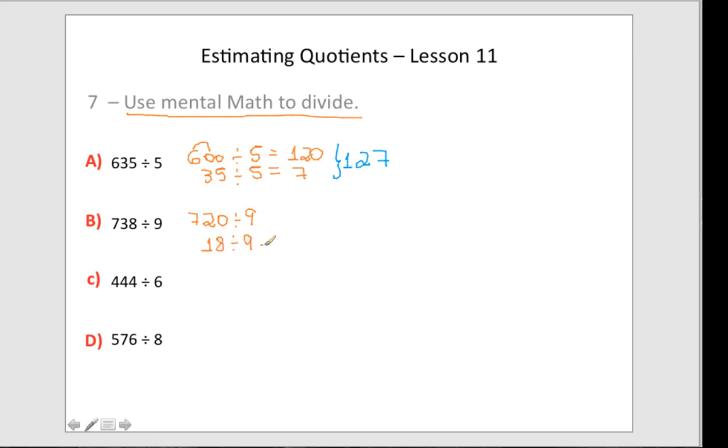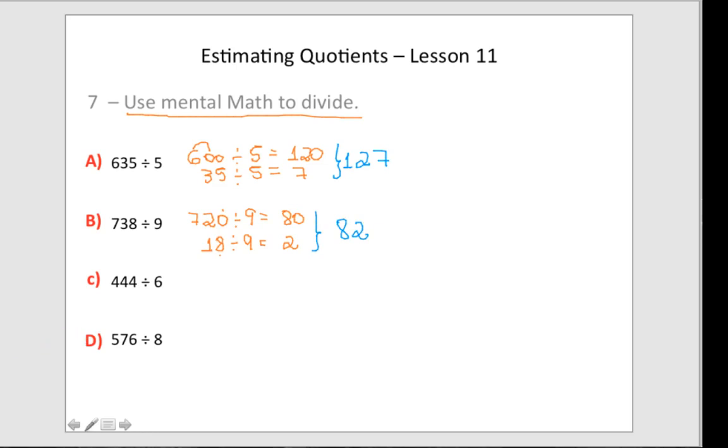So here I know that 72 divided by 9 is 8. But remember to add the 0. And here I know that 18 divided by 9 is 2. What do I do now? I add 80 plus 2, 82.